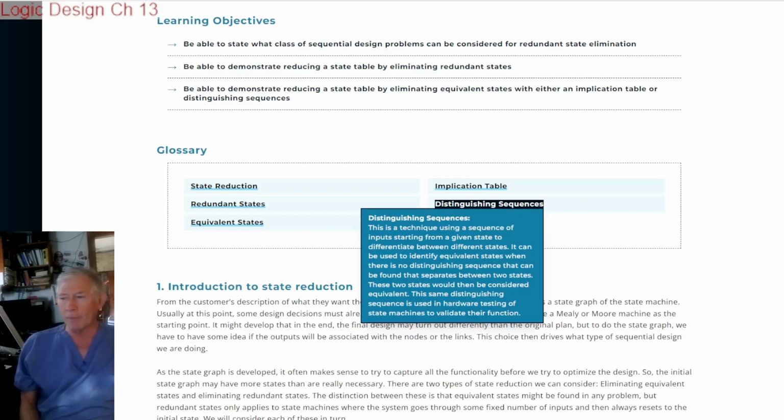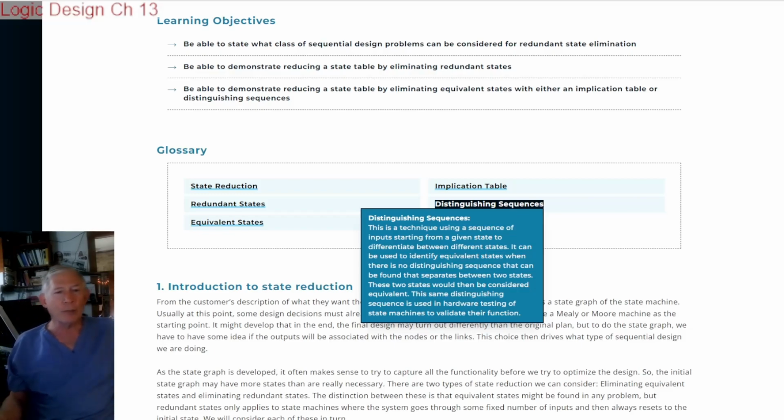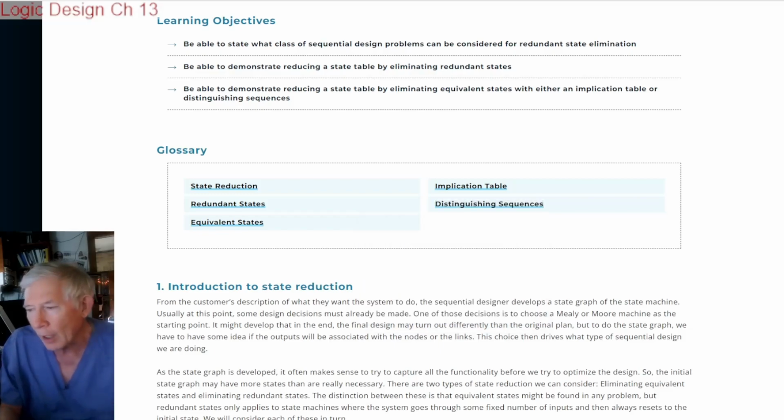Let me read the definition. This is a technique using a sequence of inputs starting from a given state to differentiate between different states. It can be used to identify equivalent states: if no distinguishing sequence can be found that separates 2 states, that typically means those 2 states are equivalent.